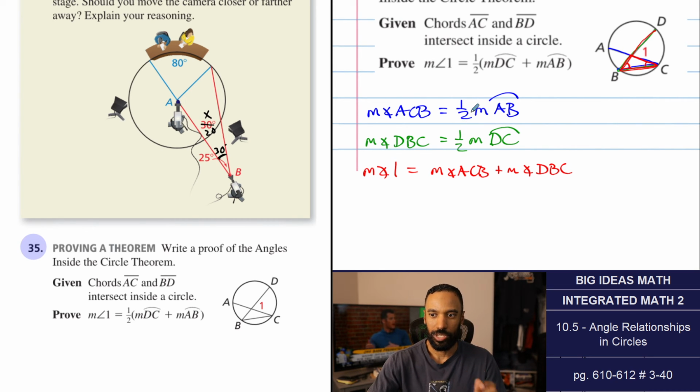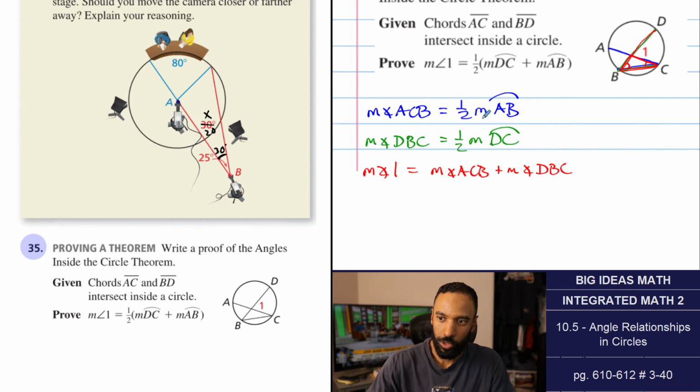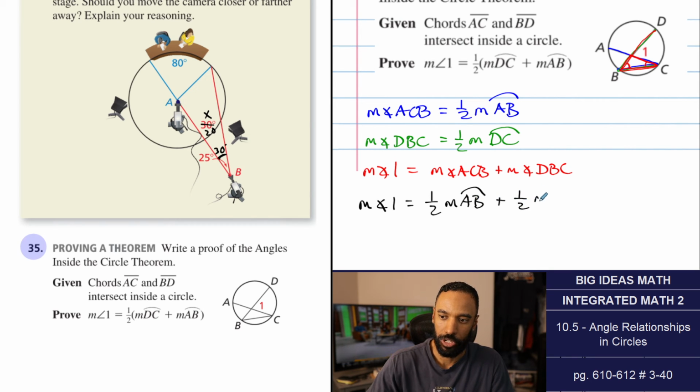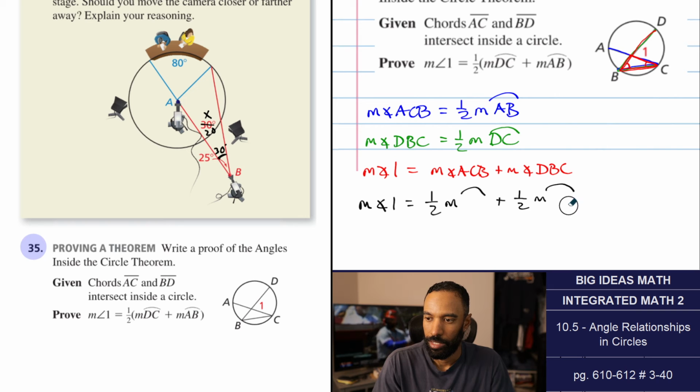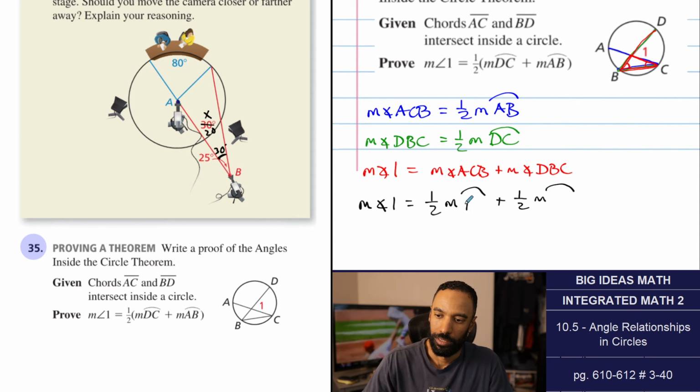And if that's the case, perfect. We can do a substitution. So therefore, the measure of angle 1, let's use black, will be 1/2 the measure of arc AB plus 1/2 the measure of arc DC. Looks like they put DC first, so let's do DC and AB.